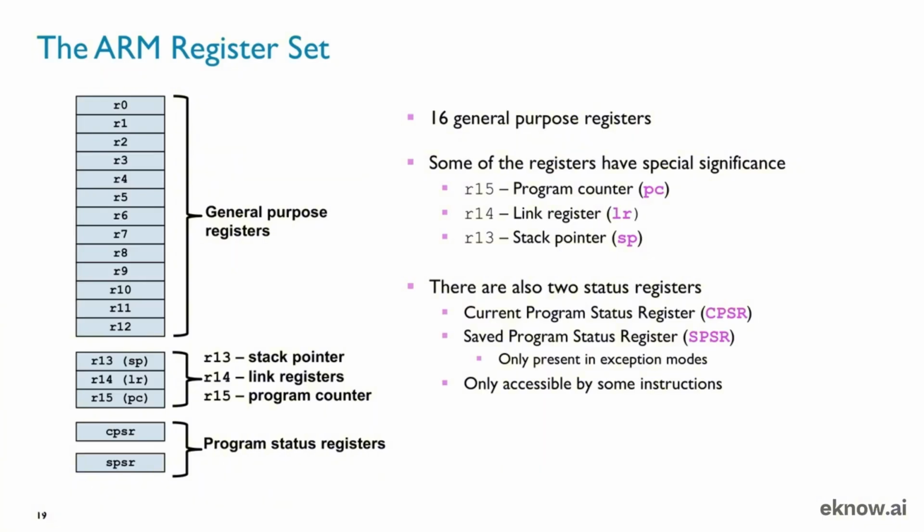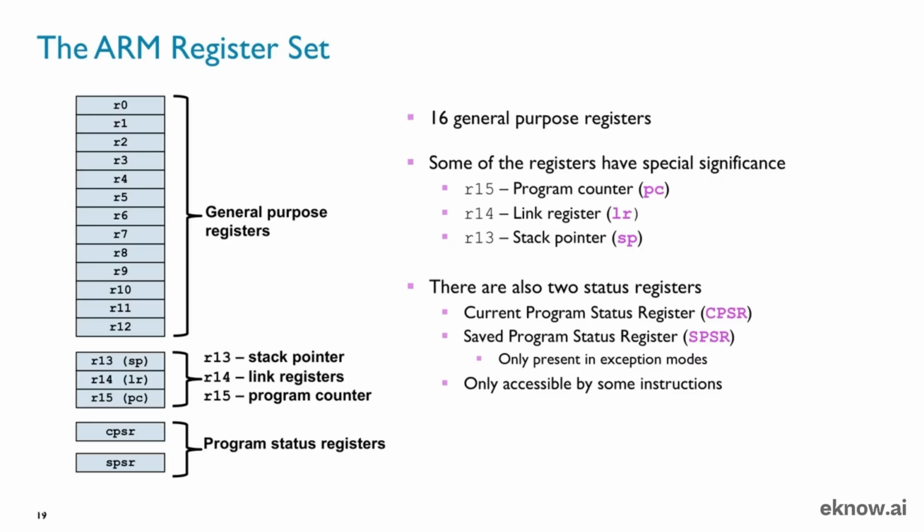It doesn't hold data from your program. Instead, it holds the memory address of the next instruction to be executed. As the processor runs, it fetches the instruction pointed to by the PC, and then it automatically increments the PC to point to the next instruction in line. It's what drives the program forward, one instruction at a time.